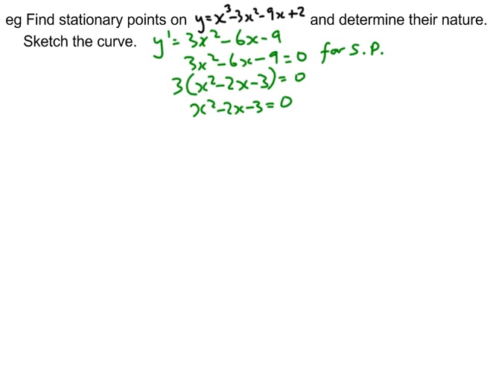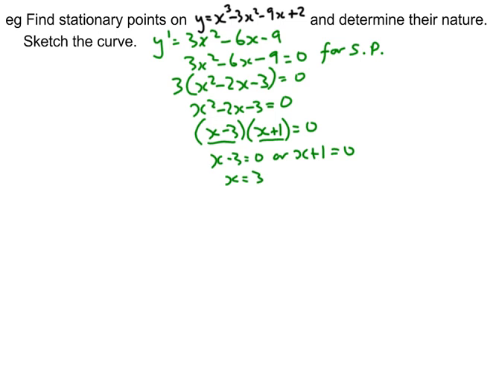Now I'm going to cut to the chase here. We can factorize this into (x minus 3)(x plus 1) equals 0, and either that equals 0 or that equals 0. So x minus 3 equals 0 or x plus 1 equals 0. So our x values are 3 or minus 1.